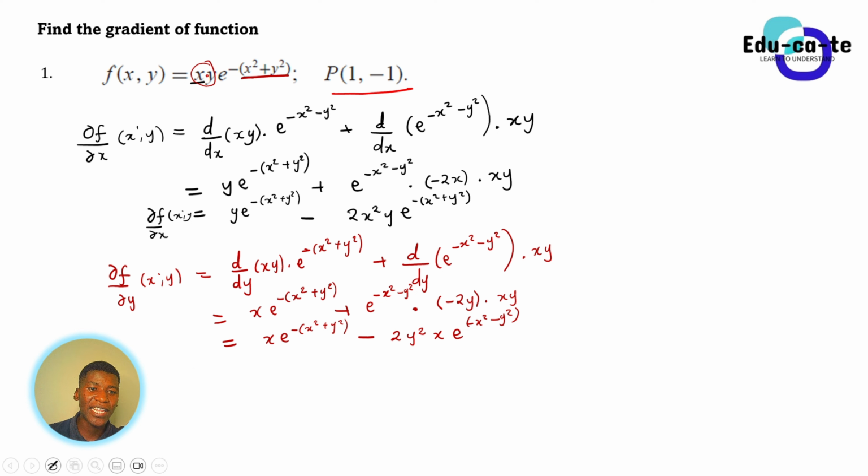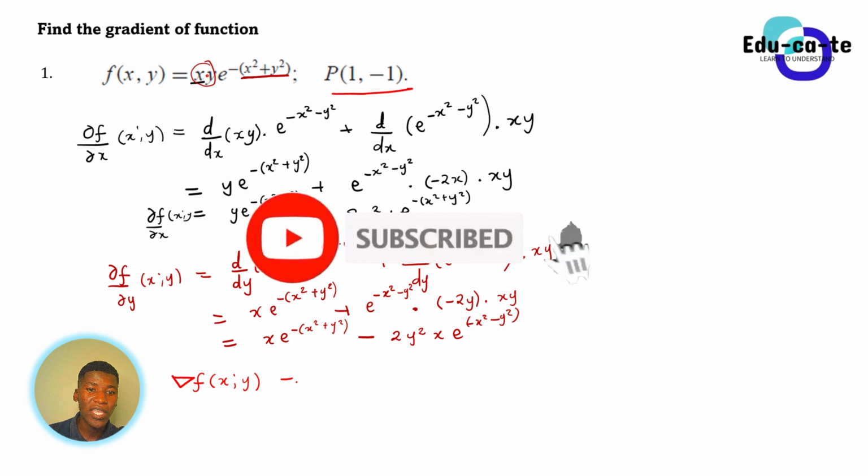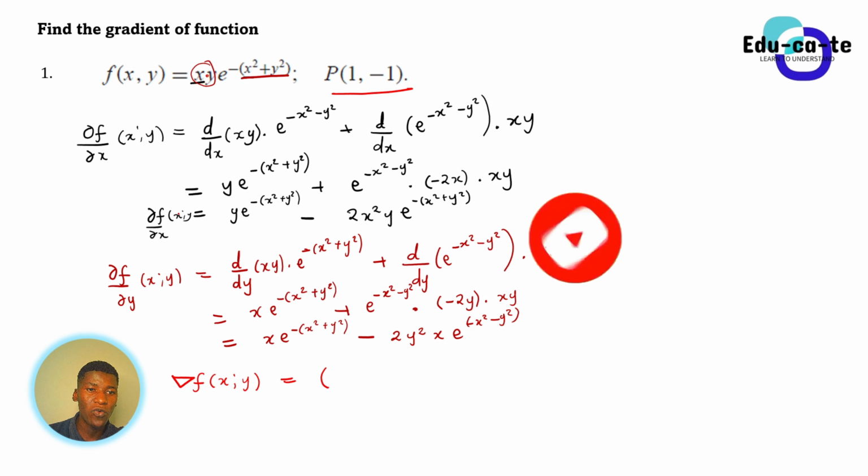So now to find the gradient of the function, you're just going to add the partial derivatives. This will be the gradient of the function f of x, y. I've already written the formula before. So this is the partial derivative in terms of x.